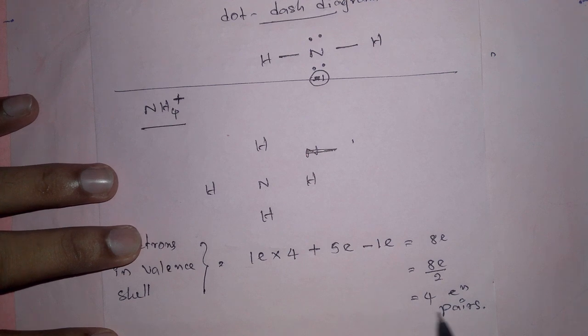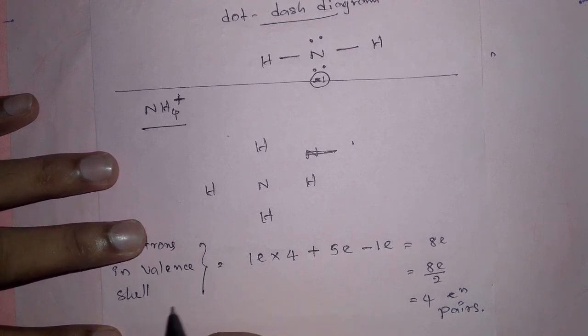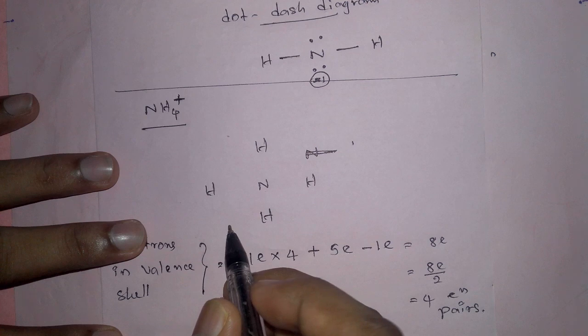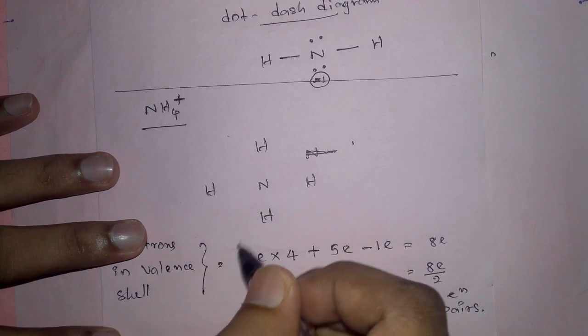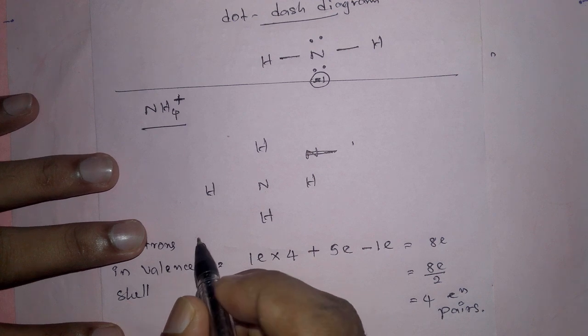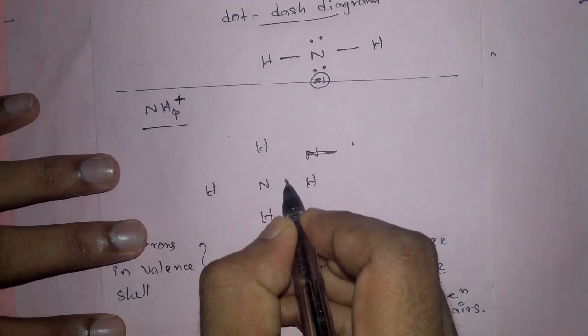And next, distribute these 4 electron pairs among atoms. First you have to make a single bond between the central atom and the peripheral atoms separately. To form a single bond, you have to use 1 electron pair like this.